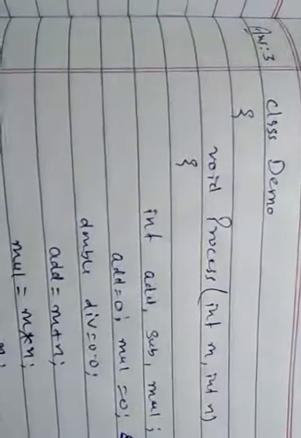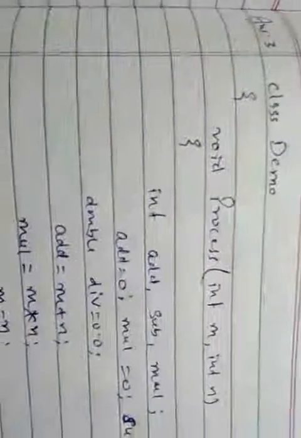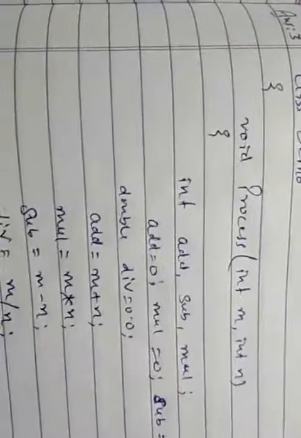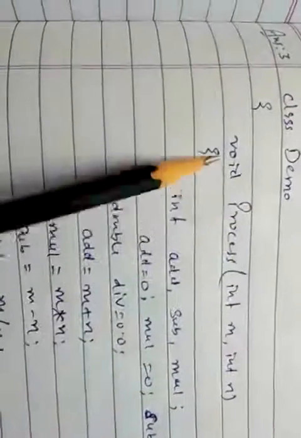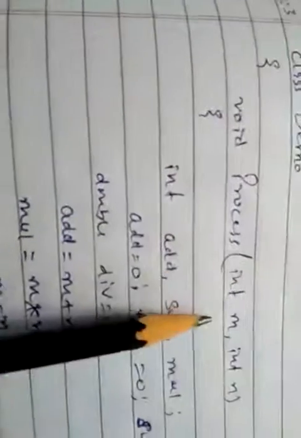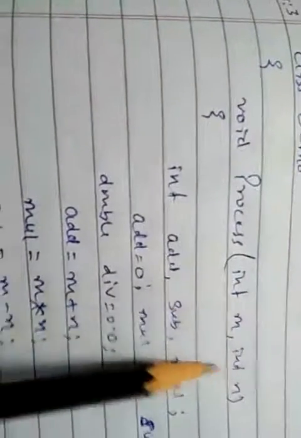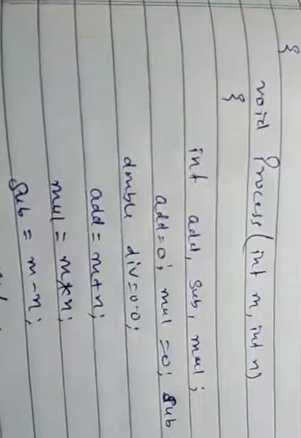And here I am giving you the solution of book question number 3. In this program you have to create a function, and the name of the function is void process, which is given in the question, with integer parameters m and n, and we have to print the addition, subtraction, multiplication and division of m and n.